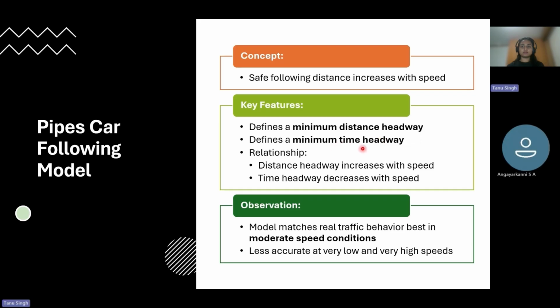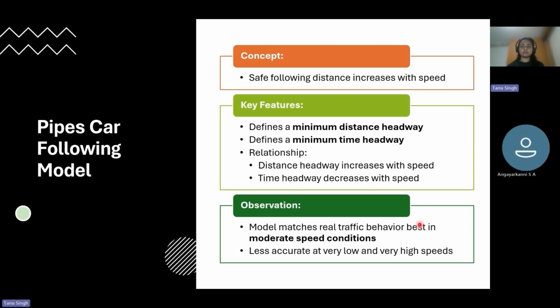An important observation from this model is that while the distance between vehicles increases with speed, the time gap between vehicles tends to decrease. When we compare this model with real world data, we find that it works quite well for moderate speed, but it is less accurate at low or very high speed.